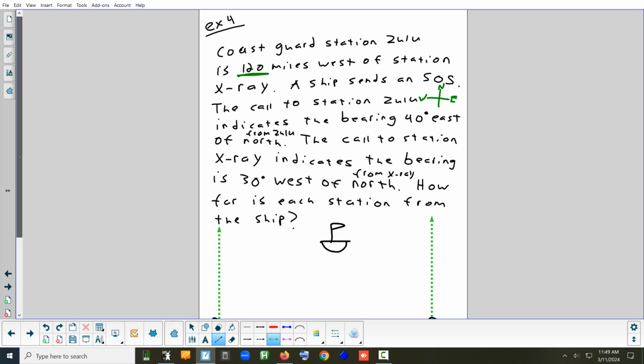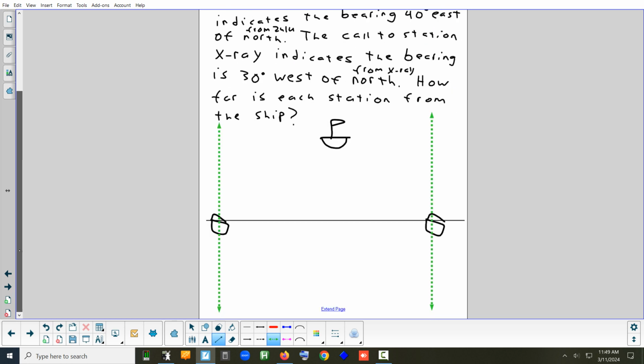So station Zulu is 120 miles west, which means left, of X-ray. So this is station Zulu, this is X-ray, and the distance between them is 120. All right. Now, the boat has a light. We'll say the light is right at the top. Each station sees that light. So let's draw a line of sight from the station right to the boat.